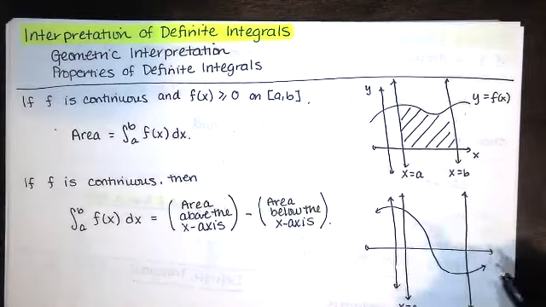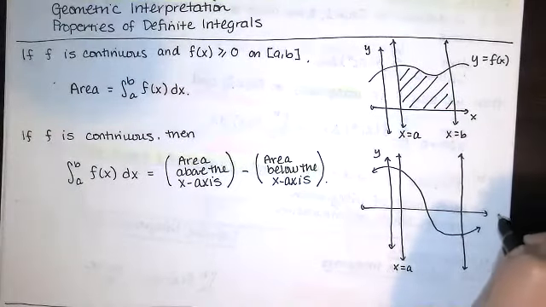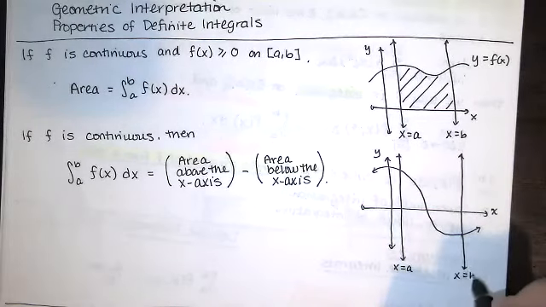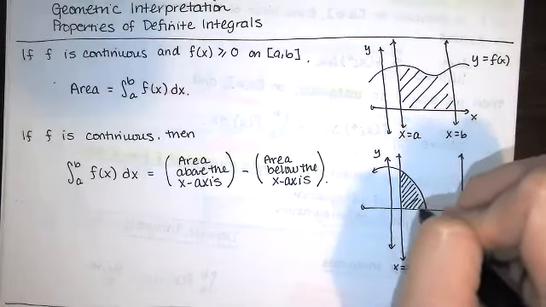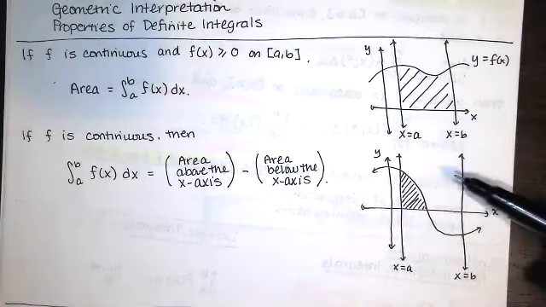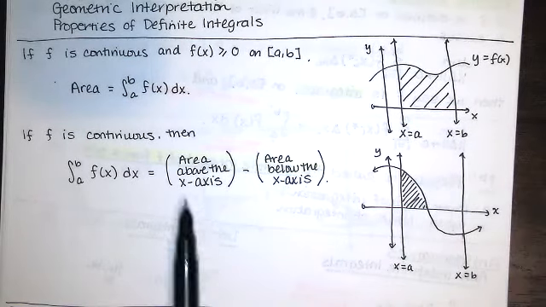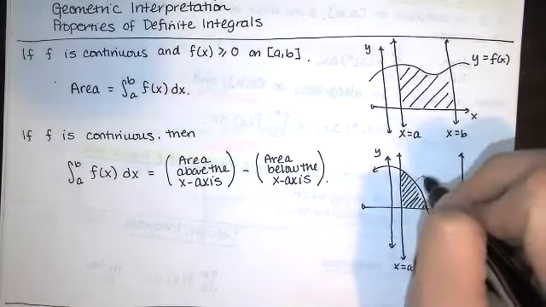So our function is sometimes positive and sometimes negative on the interval from a to b. There's some area between the function and the x-axis that lies above the x-axis. That's this area. I'm going to label that A sub 1.